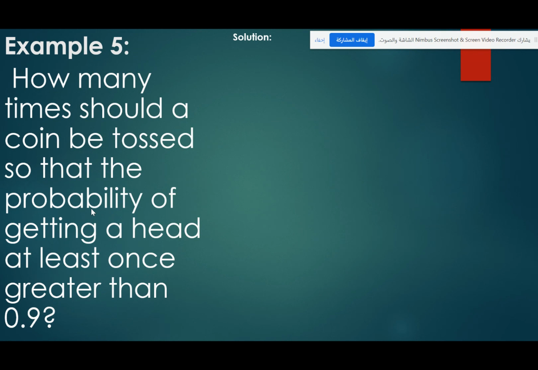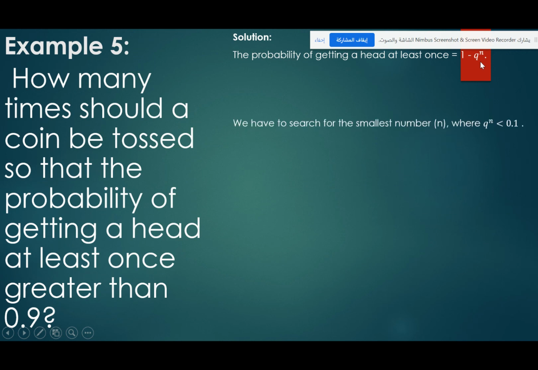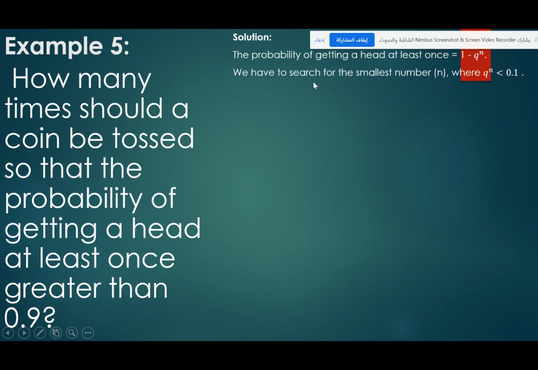So let's make the relation between them. Easily, we can say that the rule for getting a head at least once is 1 minus q to the power of n. We have to search for the smallest number n where q to the power of n should be smaller than 0.1. How did we get this?